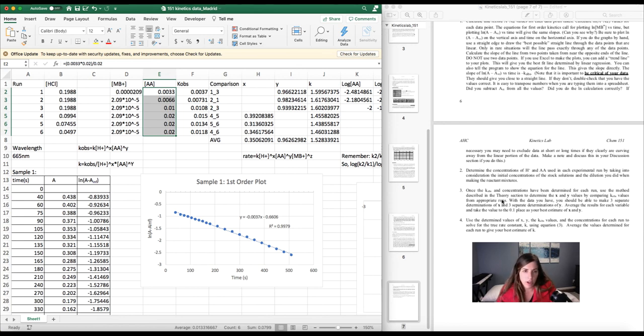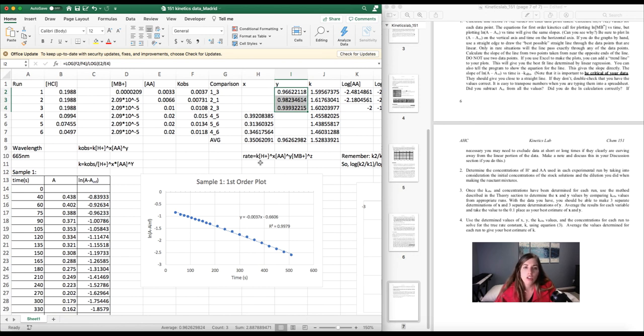So we determined our X and Y values. That's what we did here and here. You should be able to make 3 separate determinations for X. So that's 1, 2, 3. And then 3 separate determinations of Y. 1, 2, 3.